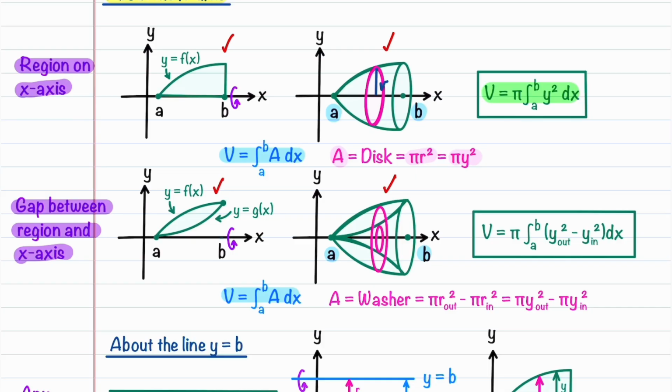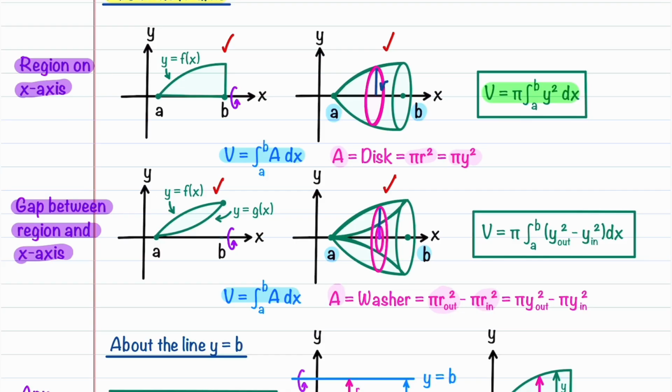This circular cross-sectional area A is pi times the outer radius squared, this is the outer radius, minus pi times the inner radius squared, where this is the outer radius.